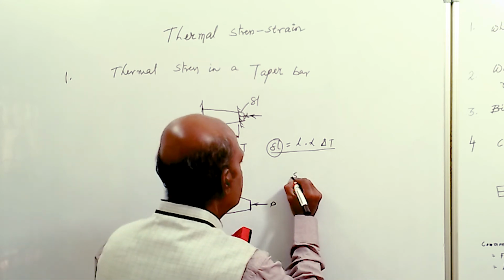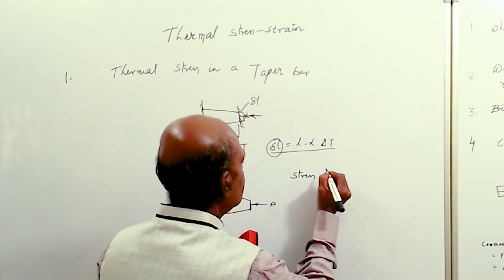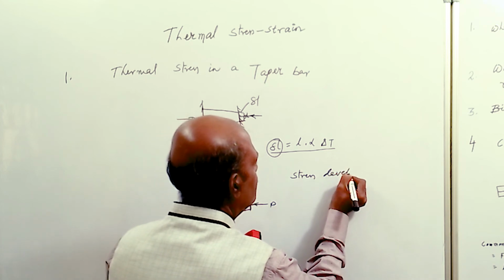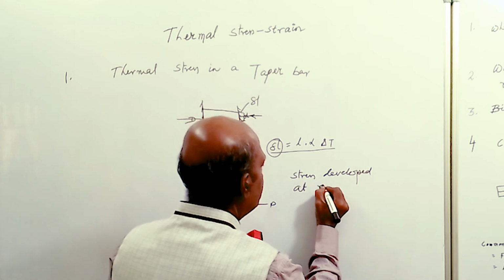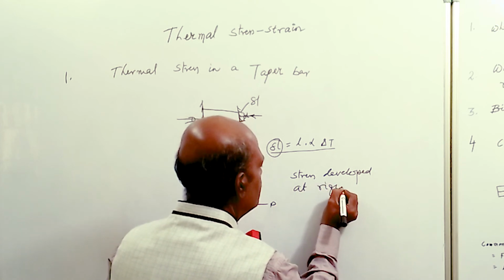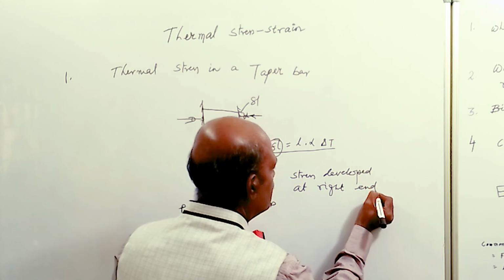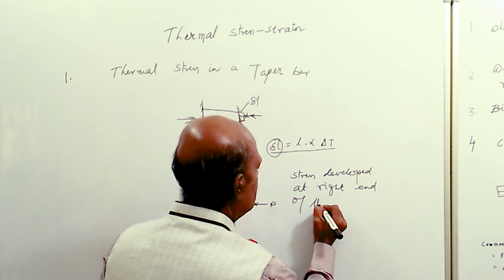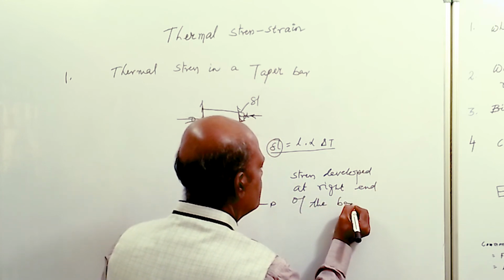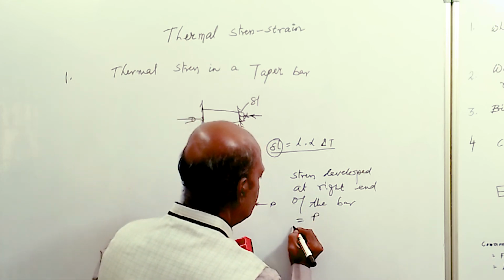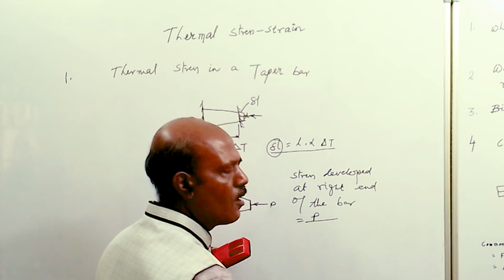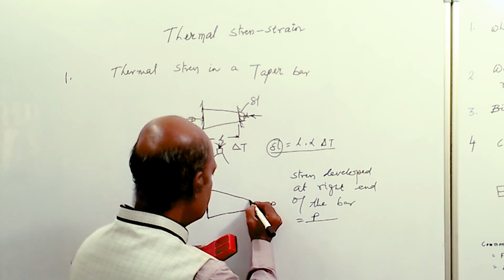So the stress developed at the right end of the bar is given by P by the cross sectional area.